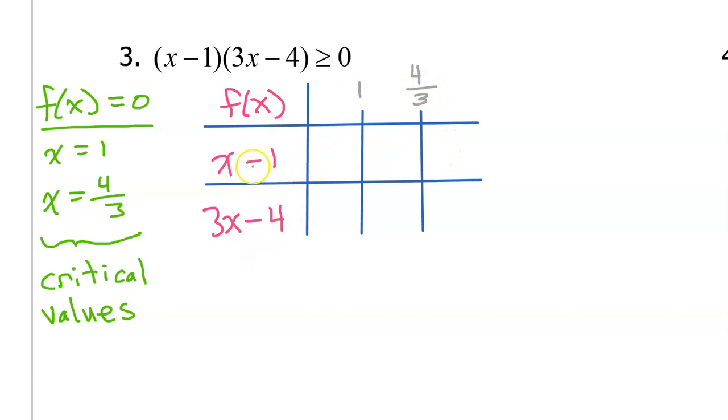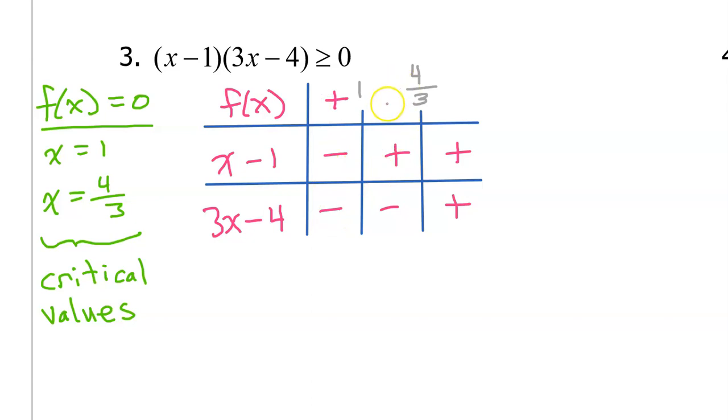Now let's decide whether each factor is positive or negative in each interval. X minus 1 is equal to 0 at 1. It will be negative to the left and positive to the right. 3x minus 4 is equal to 0 at 4/3. It will be negative to the left and positive to the right. The overall sign of f of x will be positive in the first interval because a negative times a negative is a positive.